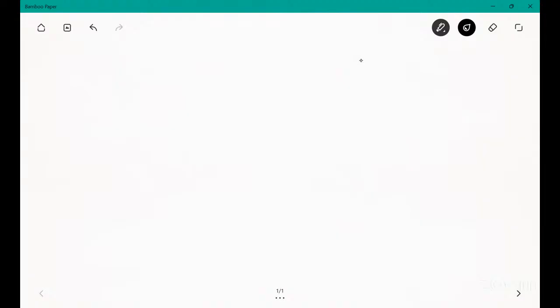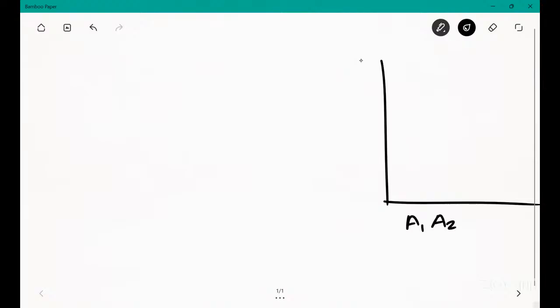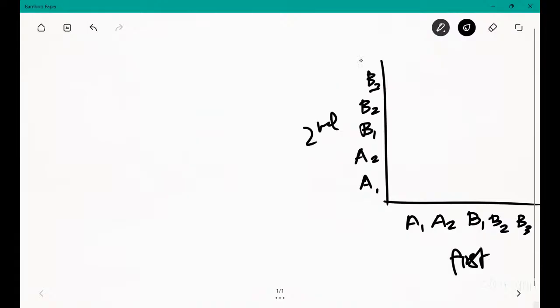Okay. So here also they have given us a sample space. So always this side refers to the first one and this one as the second.